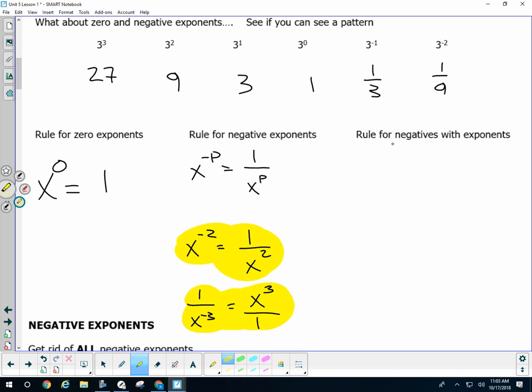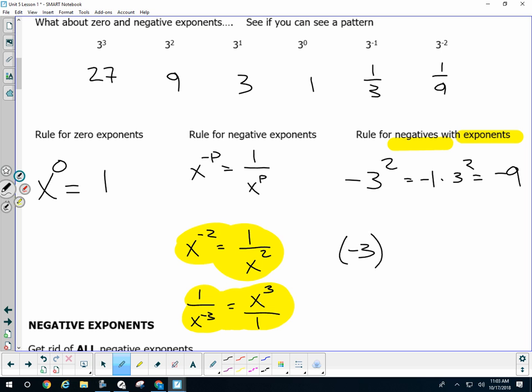Okay, the rule for negatives with exponents, just remember, if you have a negative in front of something, order of operations says we need to square that thing first and then multiply by -1 to get -9. However, if we have the actual value -3 being squared, that's a positive 9.